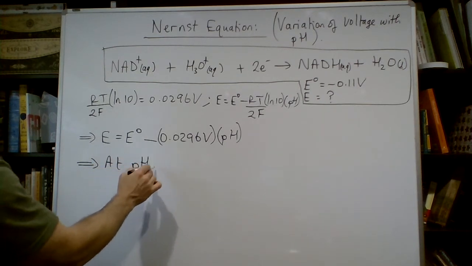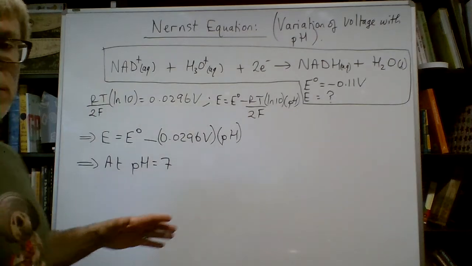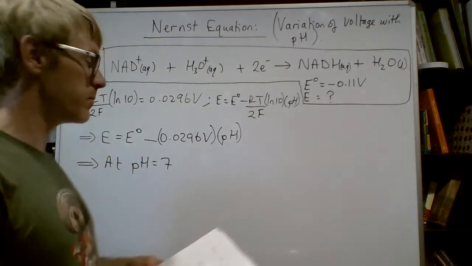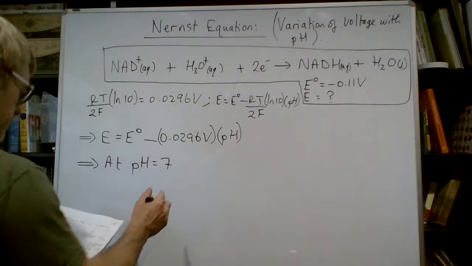let's say for example, at pH equal to 7, which is close to physiological pH, so the pH of, on average, biology.